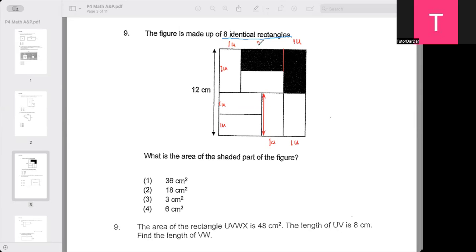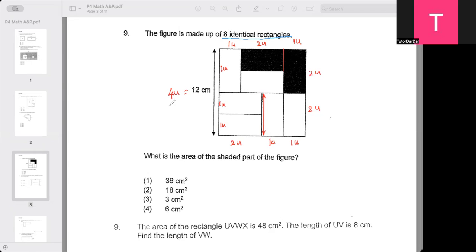So this is also 2 units. This is 2 units. This is 2u. And this is 2u. Okay? So based on this, what we can see is, you see, 2 units, 1 unit, 1 unit. So total 4 units. This 12 cm is equivalent to 4 units.